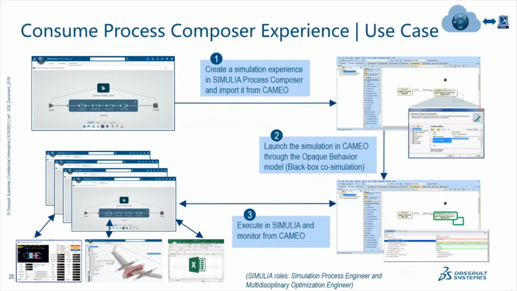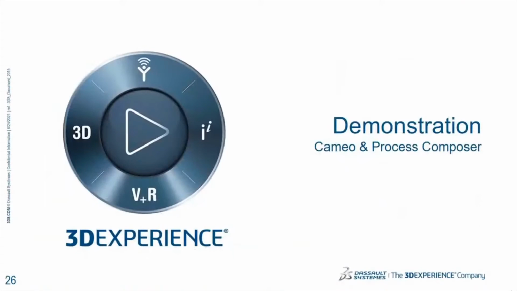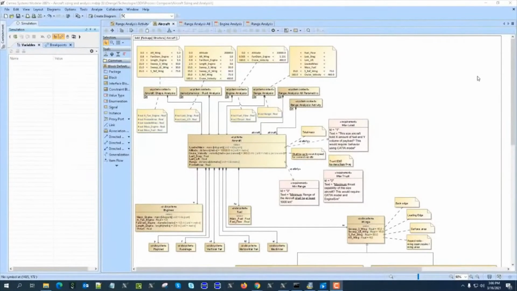So when Cameo goes through this using Simulation Toolkit to do some calculations based on some parametric values, it's going to connect to the platform, execute the simulation experience, and get those results. So the next thing we're going to show is a little video demonstration of how we're using these simulation experiences to do a calculation within Cameo.